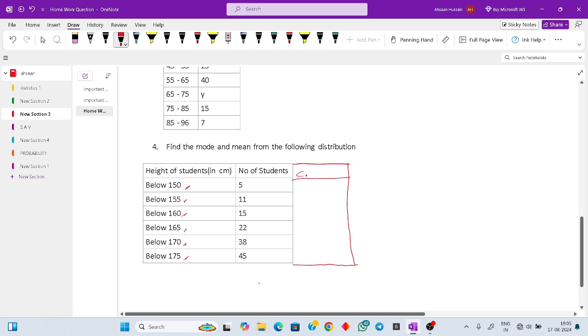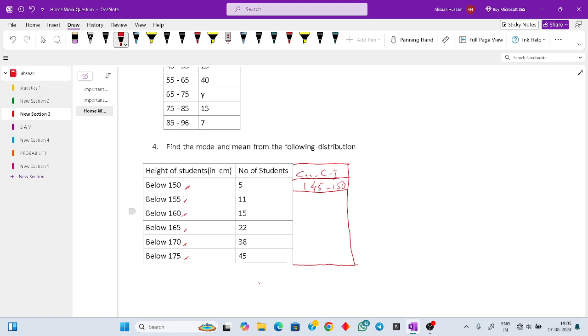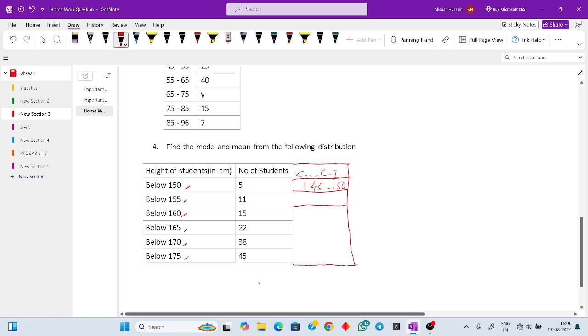So our continuous class interval will be, the first one will be 145 to 150. Why have I taken a difference of 5? Because you can see the difference is 5 in each class interval. The next class interval will be 150 to 155.